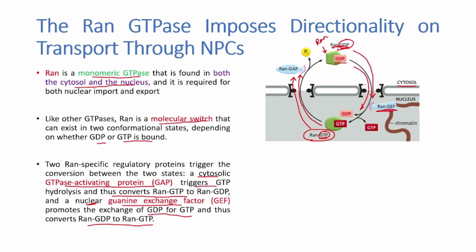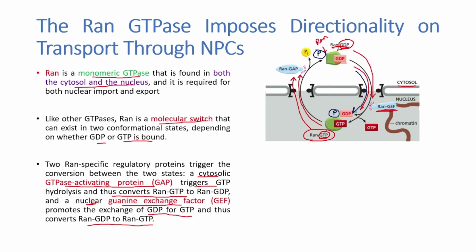So the proteins which need to be transported from the cytosol to the nucleus bind to this Ran GDP, for example. Suppose there is a protein P which needs to be translocated from the cytosol to the nucleus. It binds with this Ran GDP, and as it enters the nucleus, it enters along with it, and in this way that protein is translocated to the nucleus.